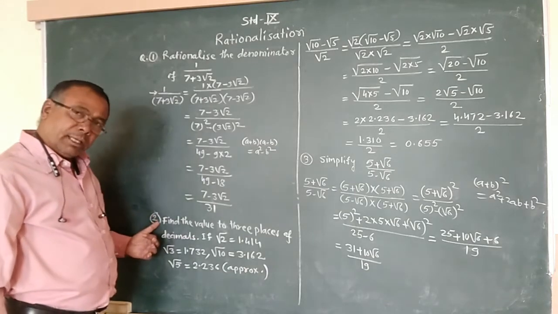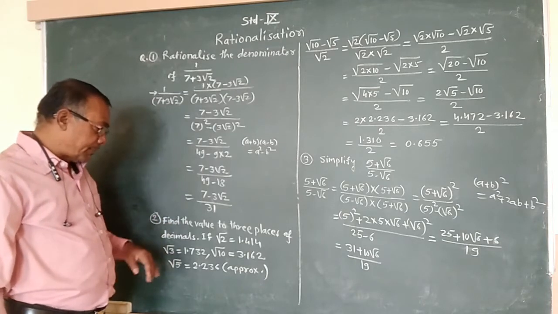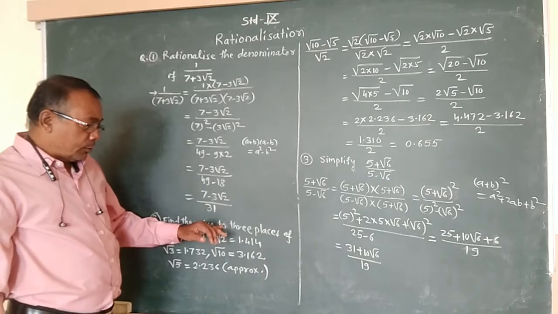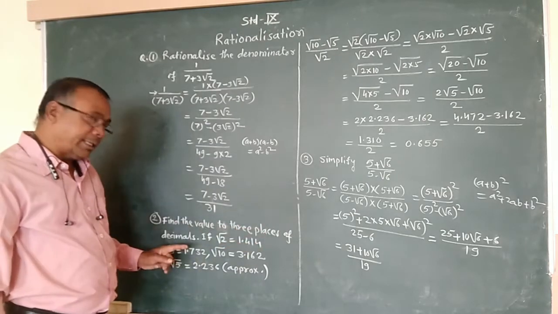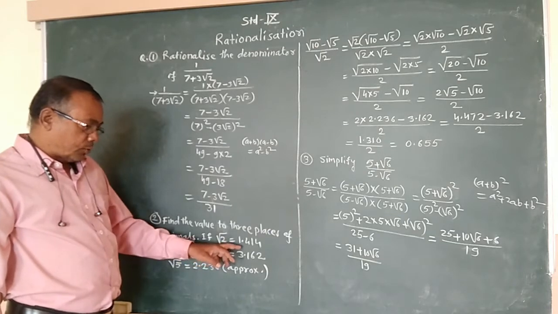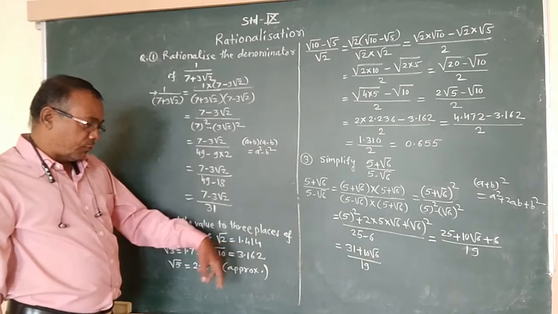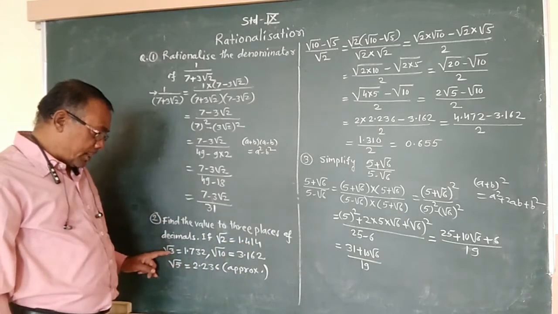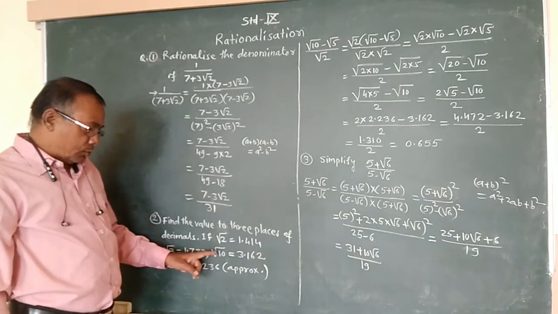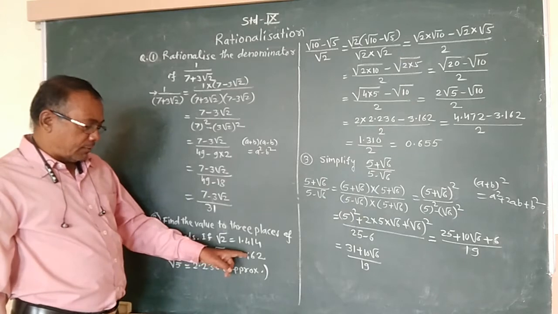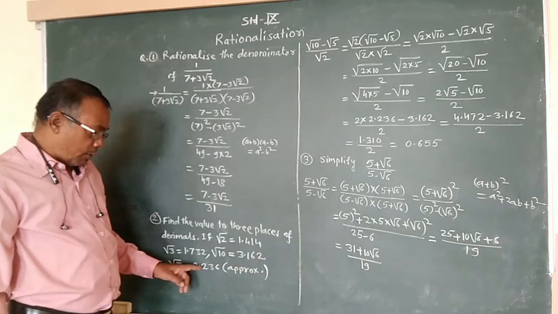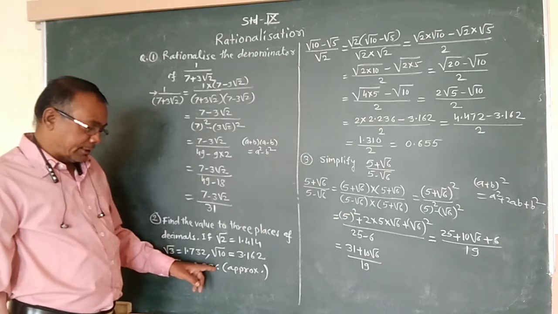Here we will see the next example: find the value to 3 places of decimals. If root 2 is equal to 1.414, root 3 is equal to 1.732, root 10 is equal to 3.162, and root 5 is equal to 2.236.